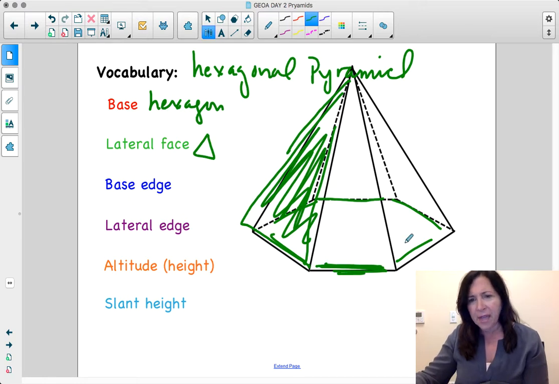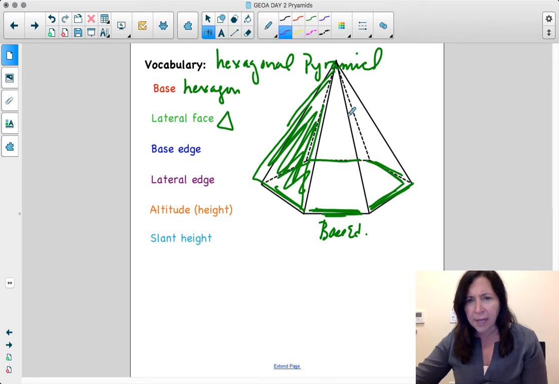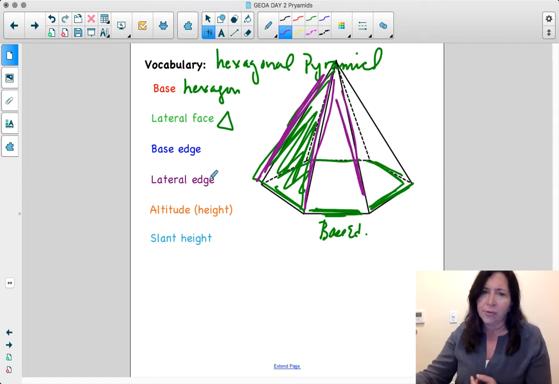My base edges, those are my base edges right there. A lateral edge is this edge. See that right there? There's 1, there's 2, there's 3, there's actually 6 because it's a hexagon. So those are my lateral edges.